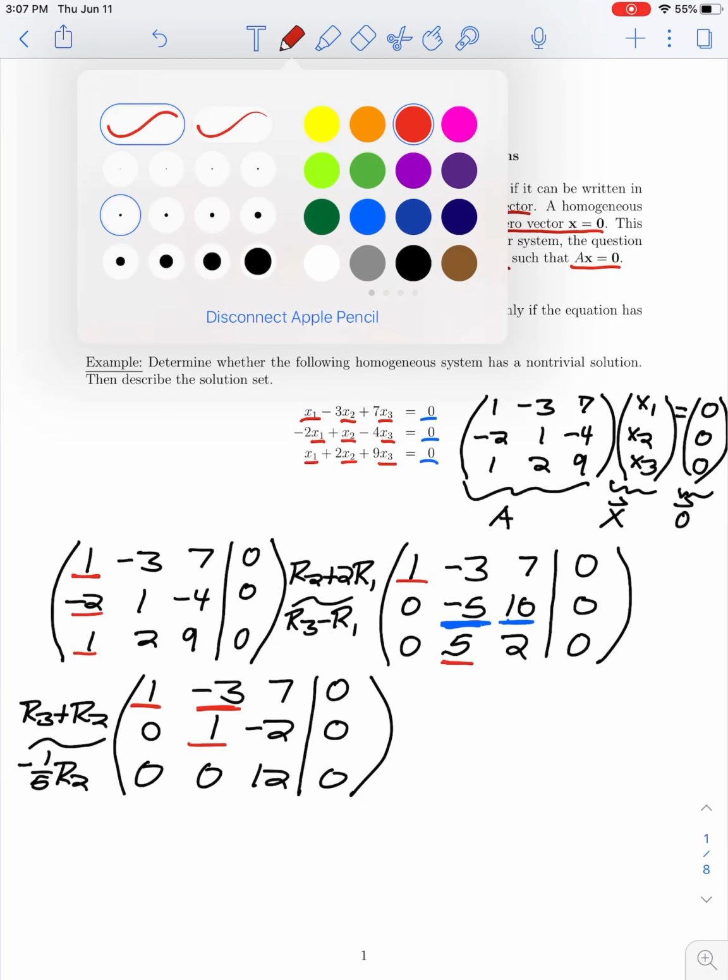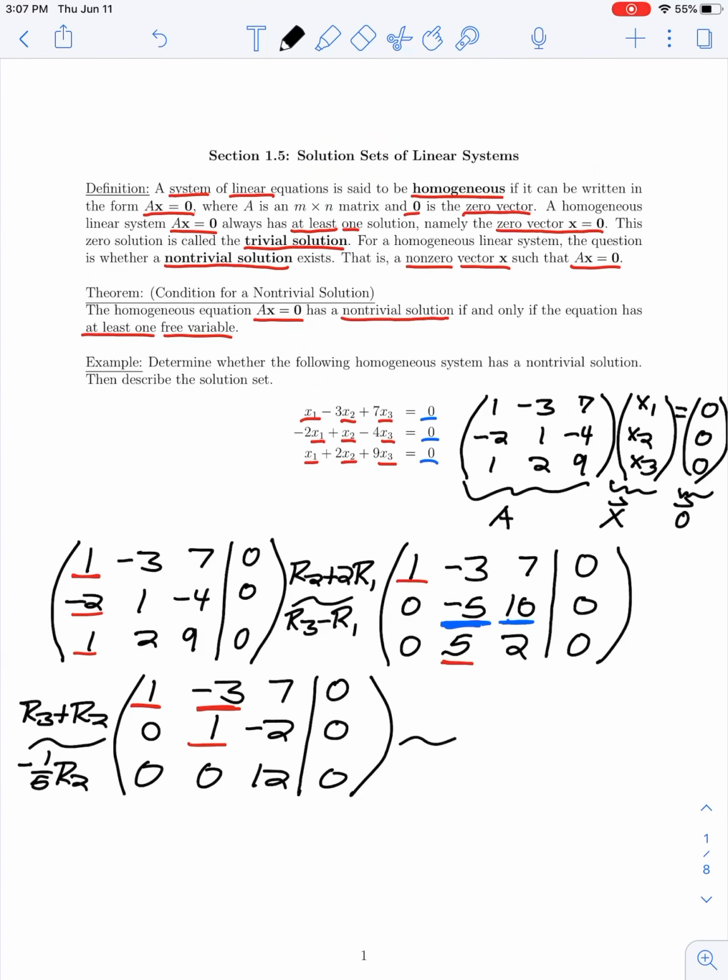So to do that, I could take row 1 and add 3 times the second row to it, which makes my first row 1, 0, negative 6 plus 7 gives me a positive 1, and then 0 plus 0 is 0. My second row, I'm going to leave alone for now. We have 0, 1, negative 2, 0.